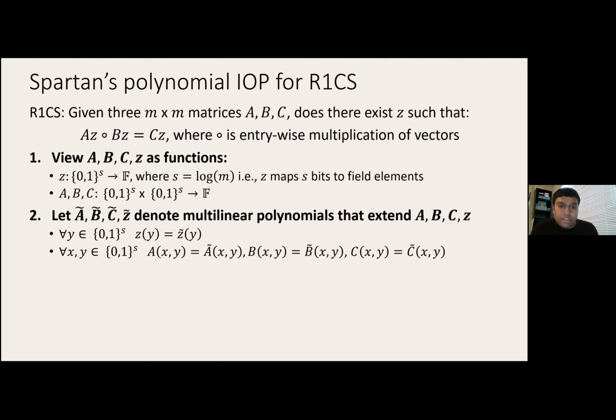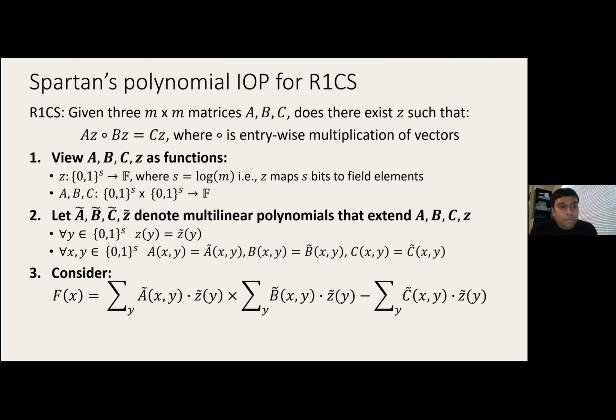Similarly, there exist unique multilinear polynomials that match the underlying functions over the Boolean hypercube. Once we have these multilinear polynomials, there exists a special function that I denote here with f. There is a unique property about this function, which is that the function evaluates to 0 if and only if the R1CS instance is satisfiable.